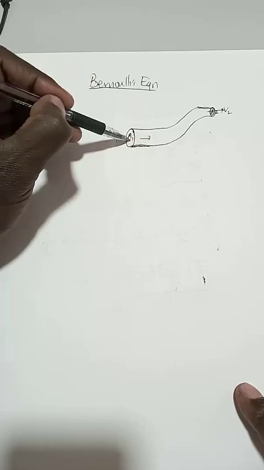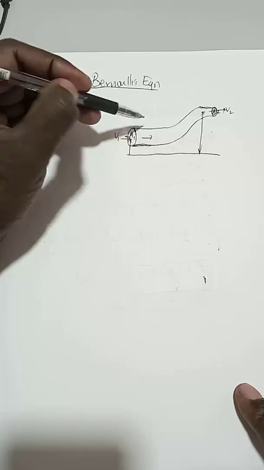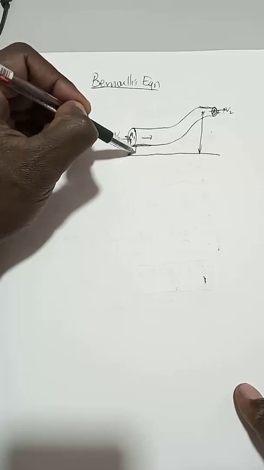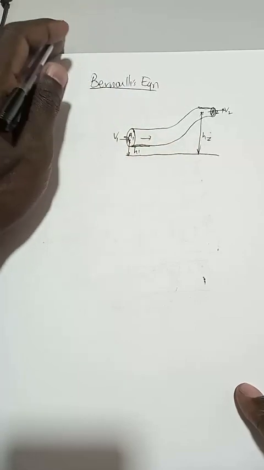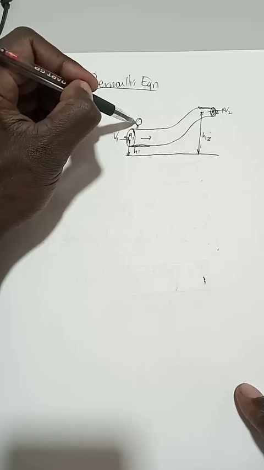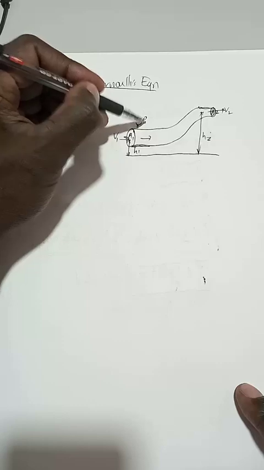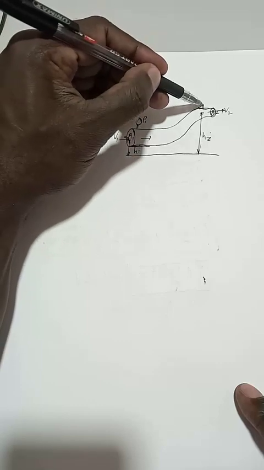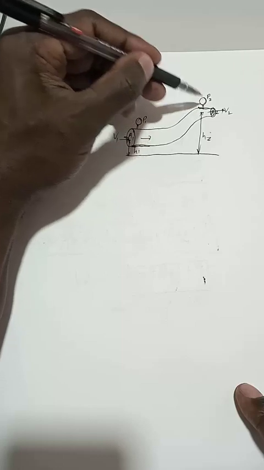Now suppose the elevation at point 1 is height H1 and at point 2 is height H2. Now suppose we put a gauge, a pressure meter, here, then this becomes pressure 1, and here it becomes P2, pressure 2.